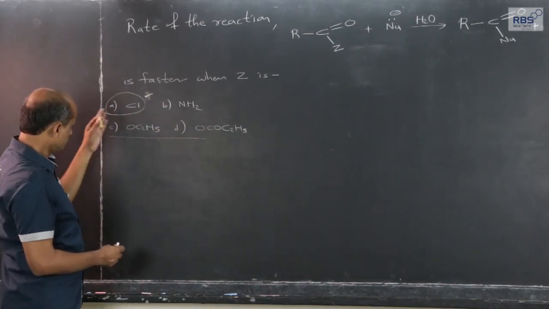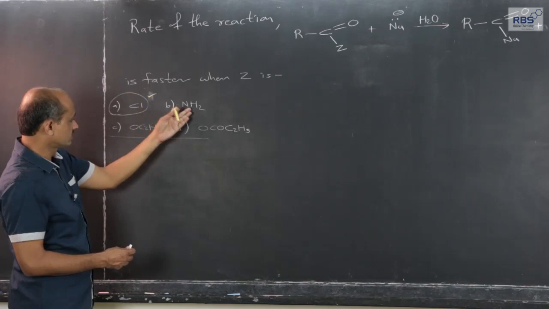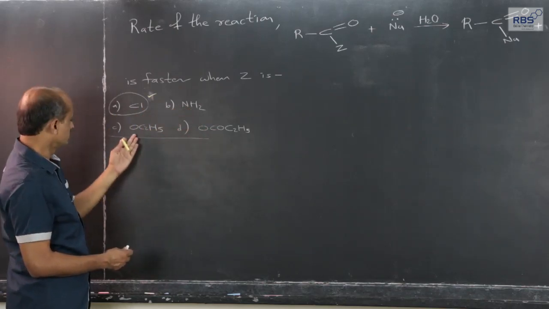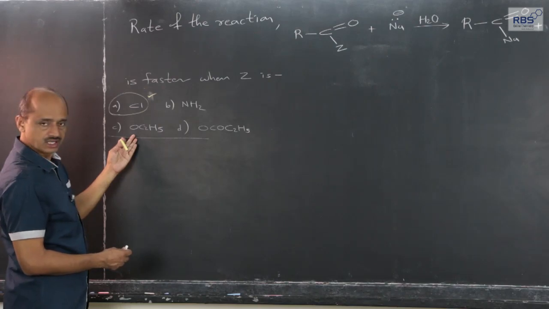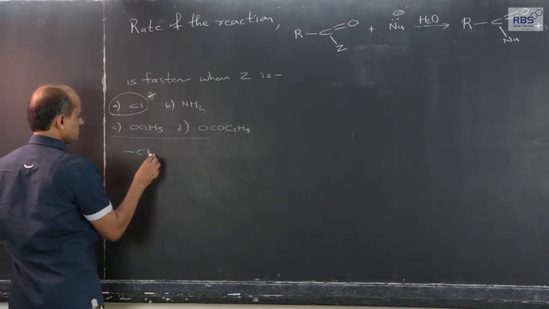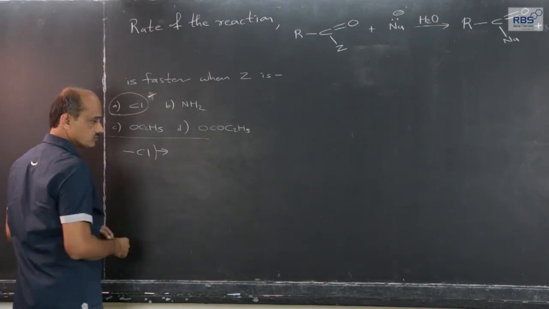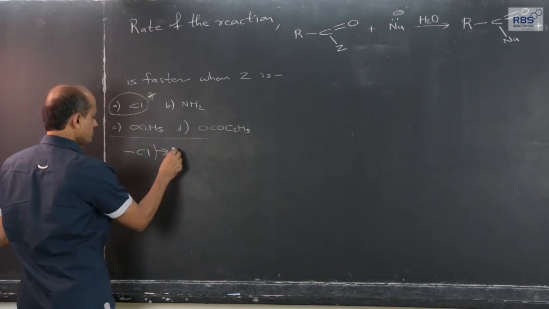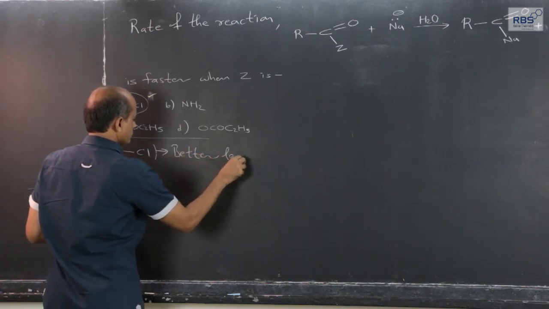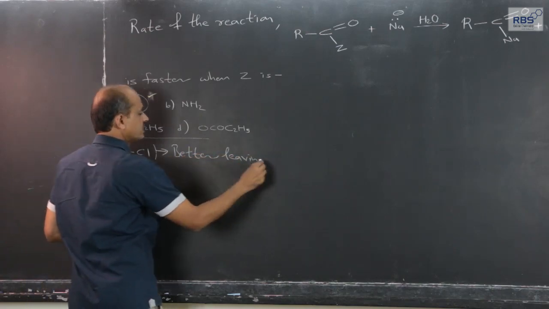If we compare this chlorine with NH2, propionate, carboxylate, alkoxy group, chlorine is, what we say normally, a better leaving group.